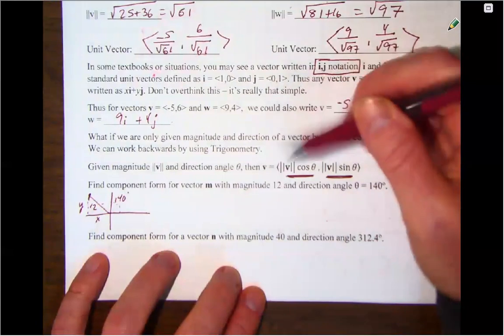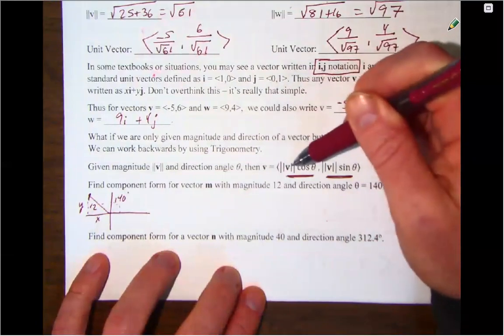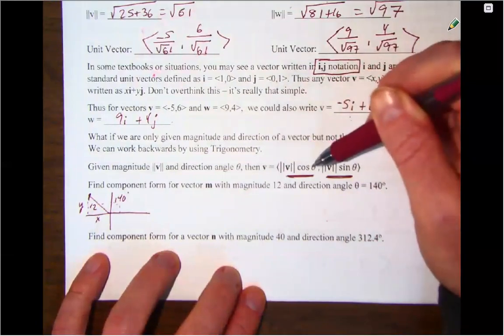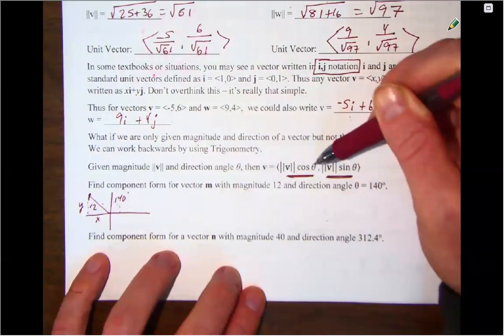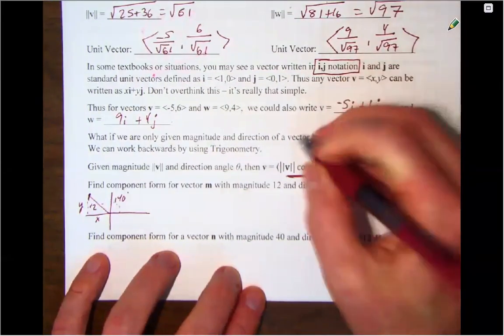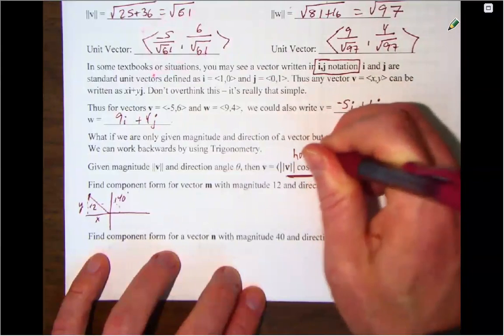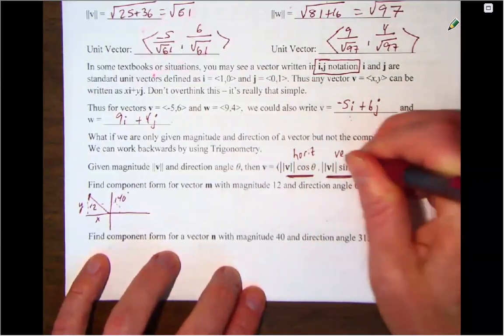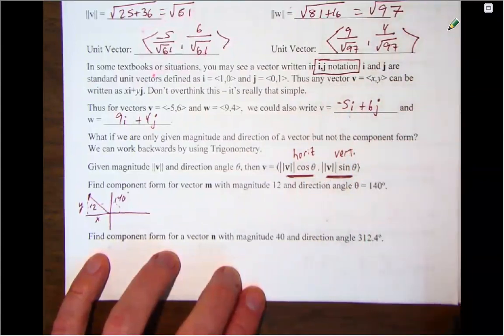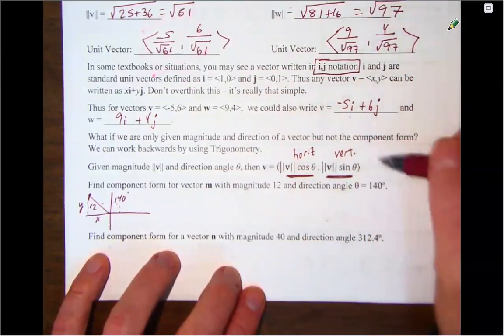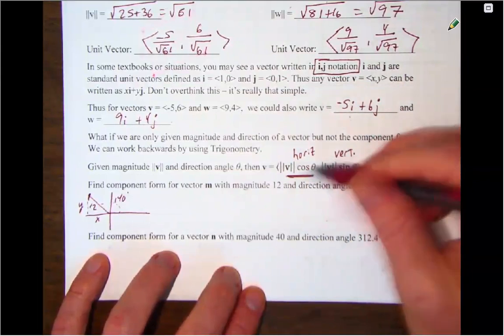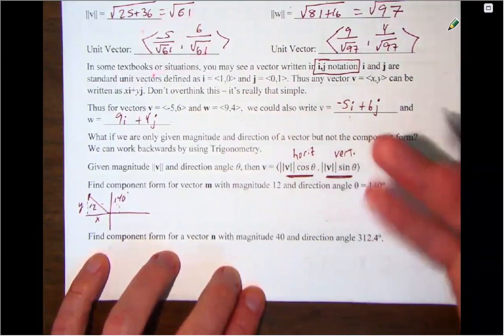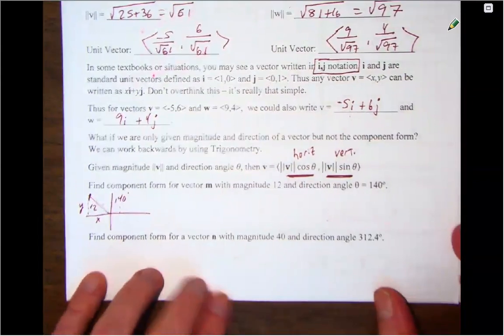Okay, remember the notation. It's the magnitude of v times the cosine of the angle theta that you're given. That's the horizontal component. And then the magnitude of v times sine theta would be your vertical component. And that's it. This does need a calculator, of course, because of sine and cosine. Make sure you're in degrees, just like everything else.